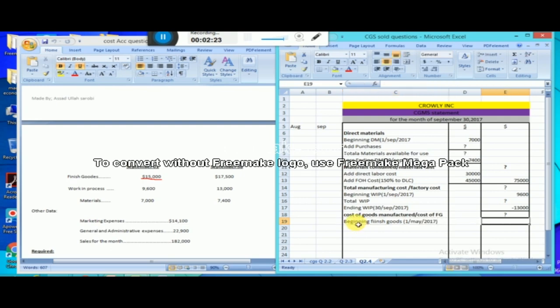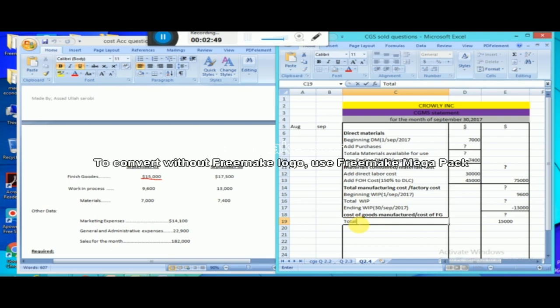How much? The 15,000. Now 15,000 is the finished goods remaining from the previous month, and in the current month we also produce finished goods which is unknown. So how much total finished goods do we have now?